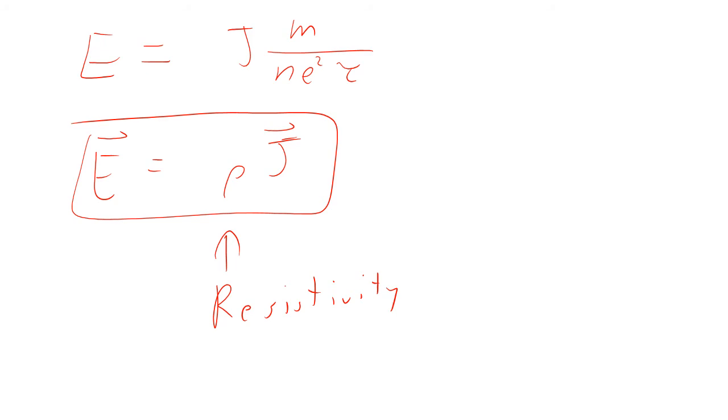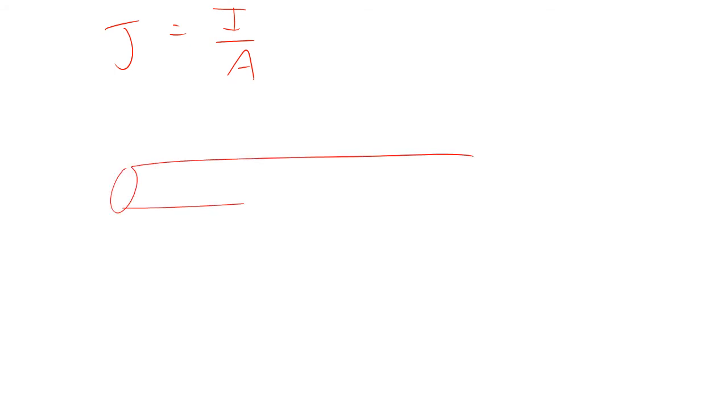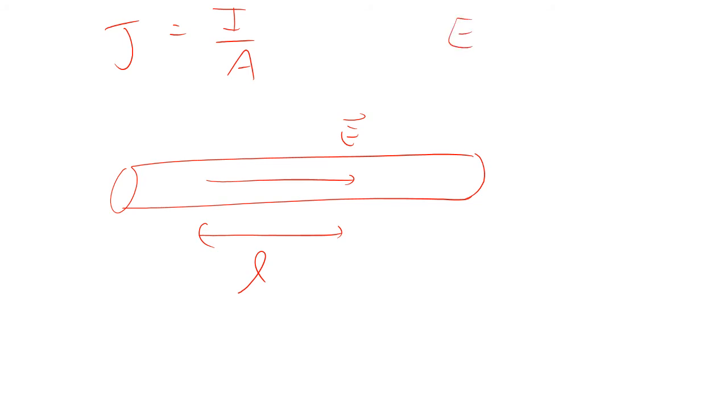Because we know that J is I over A. And so if we have a conductor here, it's got an electric field in it, okay? If the conductor is some length L, then we look at the expression we just had, E equals rho J, where rho is m over n e squared tau.